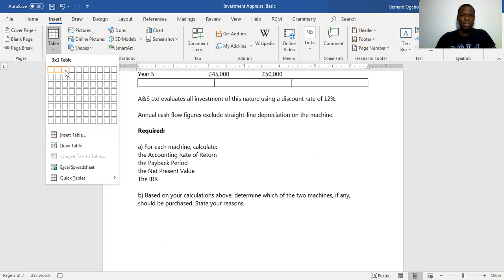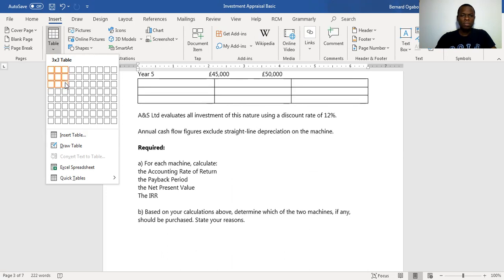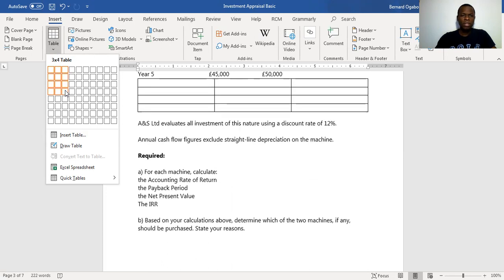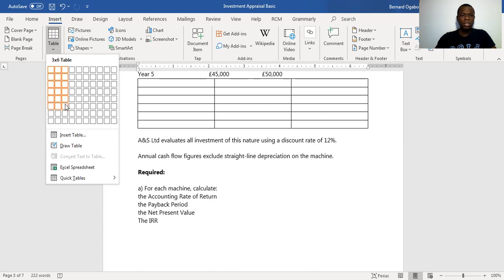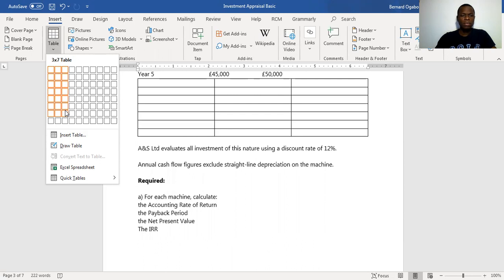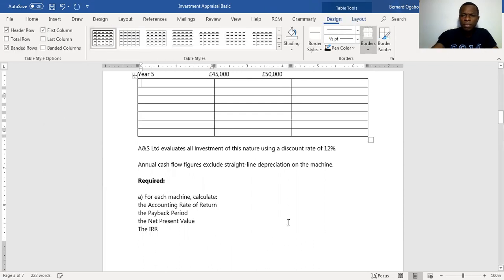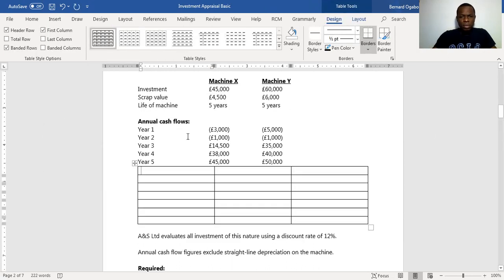Then I go on for 5 years, so I make it 6 or 7 rows.